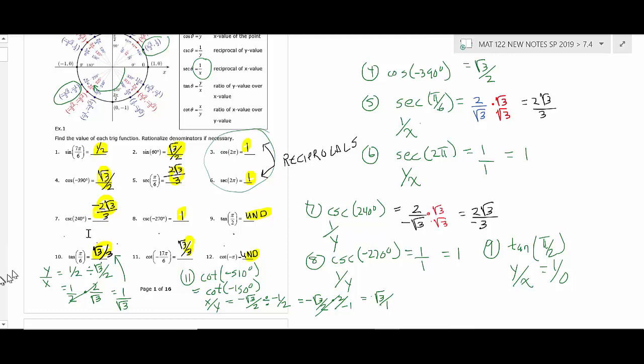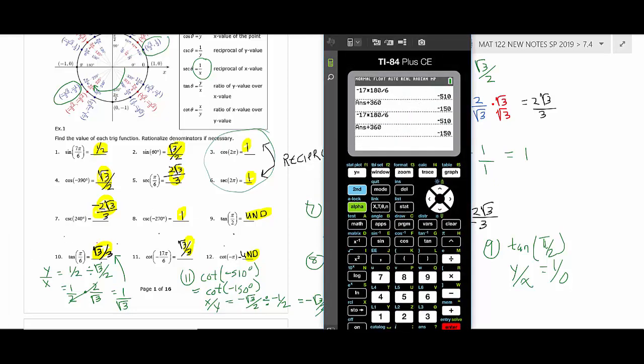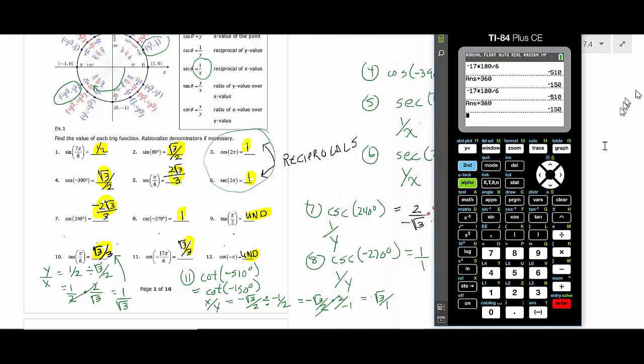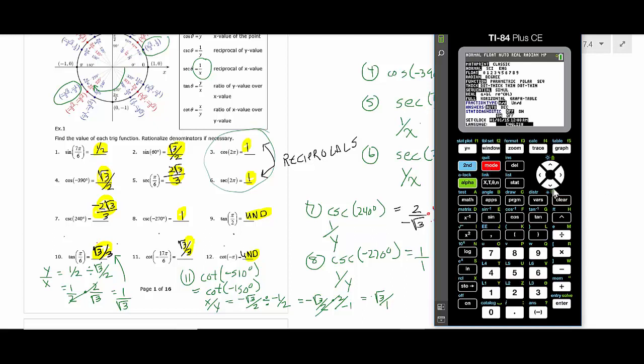We're going to learn how to do something on the calculator on this. I can show you kind of how you could check your answer on this. Okay, I think I made a mistake on that. But I'm going to put my calculator in radian mode, which I'm in. And I'm going to do this basically. If I do a cotangent, you can do a tangent. And I'm just going to put in that negative 17 pi over 6.